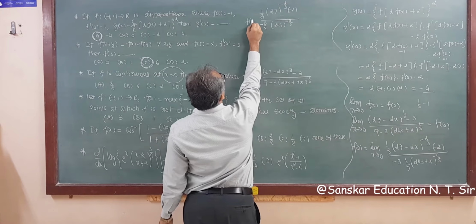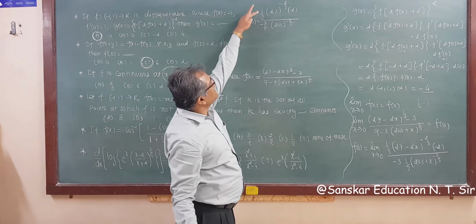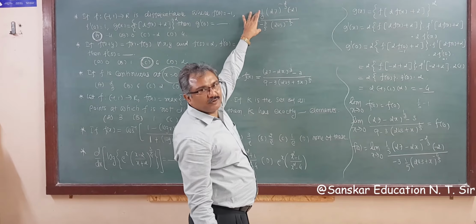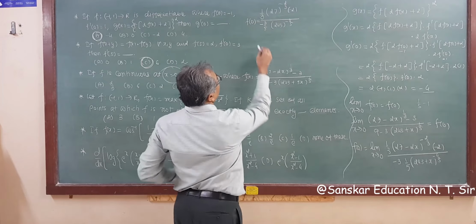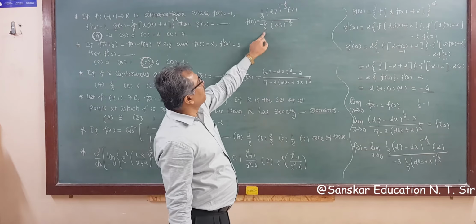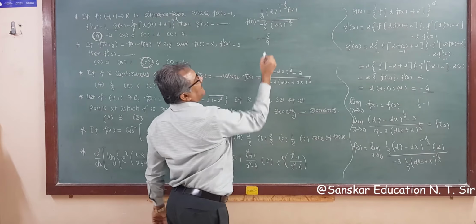This is your f(0). So this is 1 upon 3 and this is minus 3 by 5, so this is minus 1 upon 5. 3 will be cut? No, never cut. So 5 goes to the numerator, so this is minus 5 by 9.